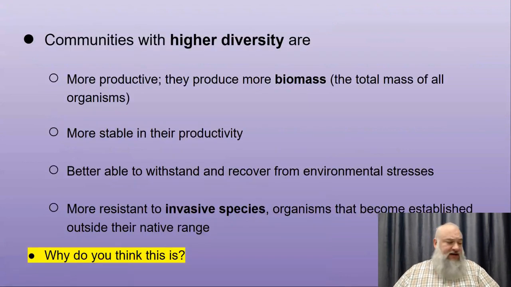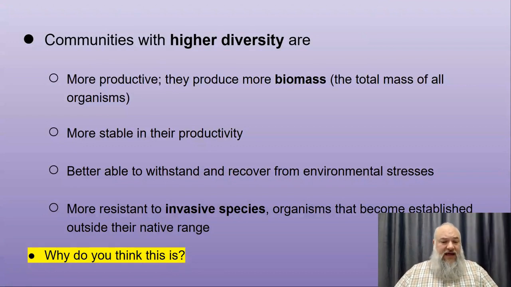What they found in that study and a bunch of other ones is the communities with higher diversity are, 1, more productive. They produce more biomass, which is the total mass of all the organisms. They tend to be more stable in their productivity. From year to year, they produce similar biomasses and are less likely to have big fluctuations up or down.